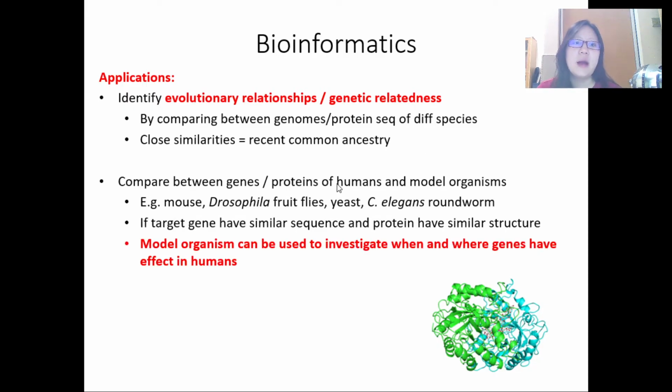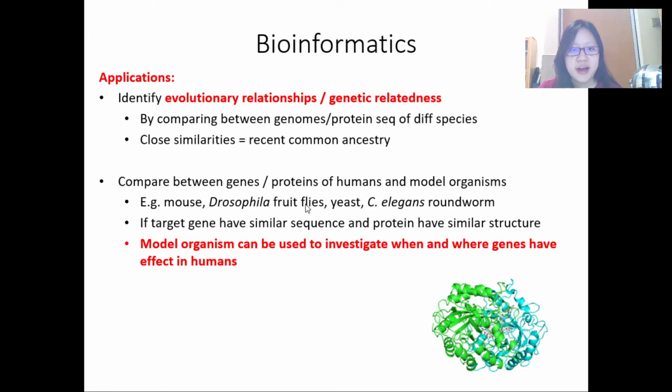Now, what other applications do we see in bioinformatics? We can compare between genes or proteins of humans and model organisms. Now, what are model organisms? Model organisms are organisms that we use very frequently in research, for drug testing, for research of diseases. These organisms are mice, so we dissect mice a lot and use mice a lot in experiments, right?